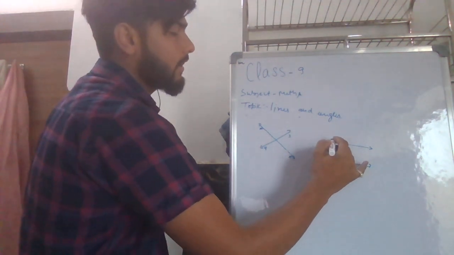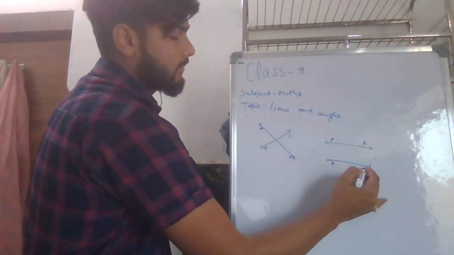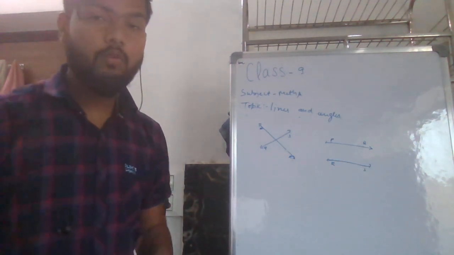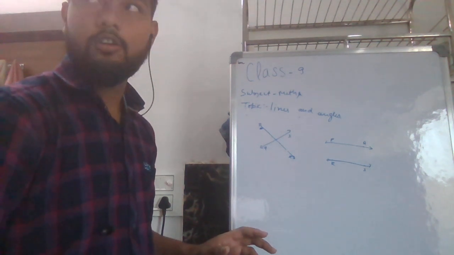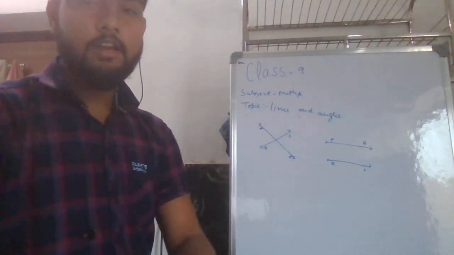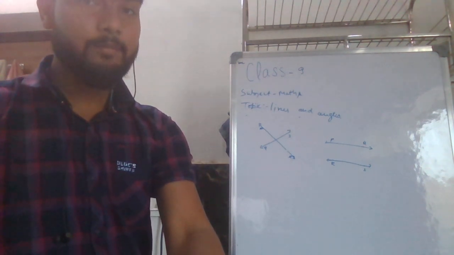Here I will name them PQ and RS. So what can you see in this slide? Here we can see that one line is crossing the others and another line is a parallel line.